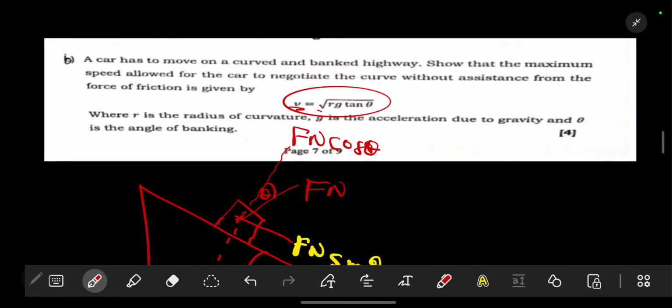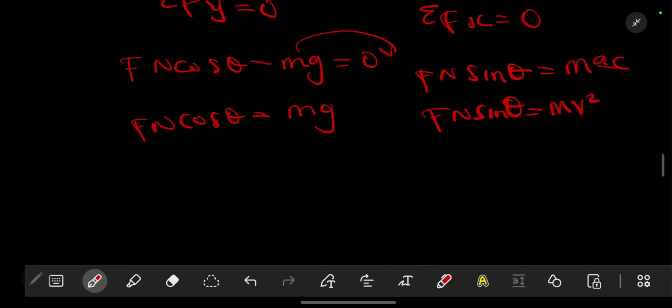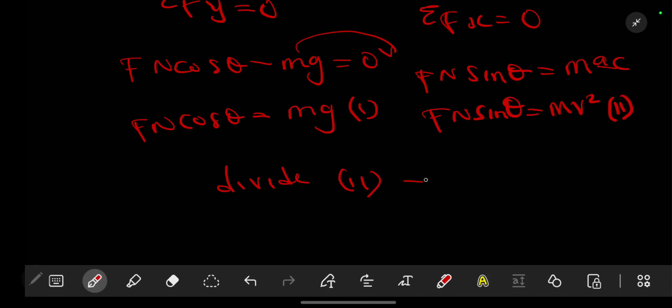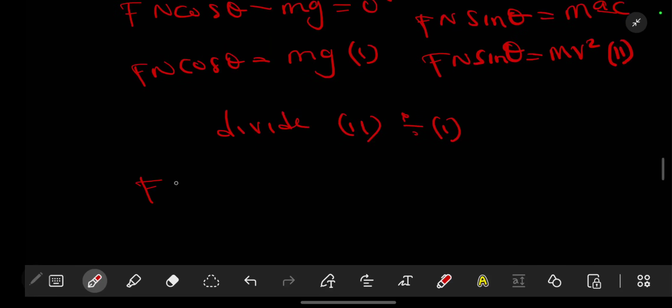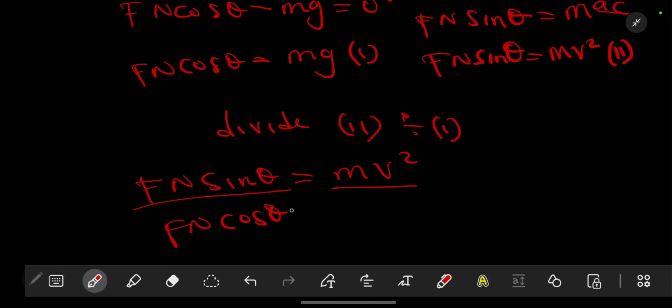Now remember, we have the tan here, so we can do this in two ways. We can divide. Let's say this is our equation 2, this is our equation 1. Divide equation 2 by equation 1. Why divide this way? Always the one with sine has to be on top. So we have Fn sine of theta equal to mv squared, dividing over Fn cosine of theta over mg.